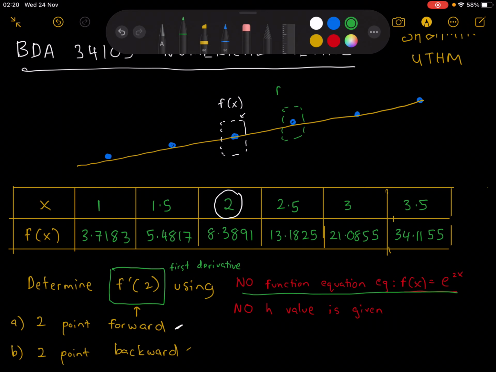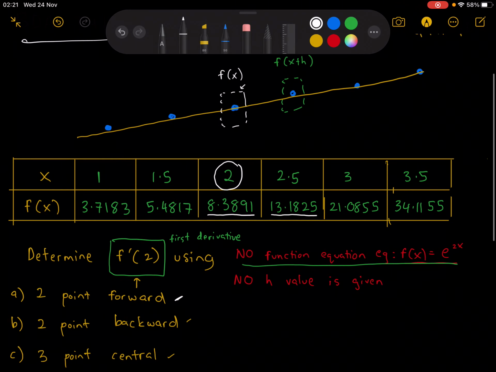So this is our f(x plus h), and the value of f(x plus h) is this one. And for our f(x) value, it is this one. So we have already got all of the information to solve it using 2-point forward.